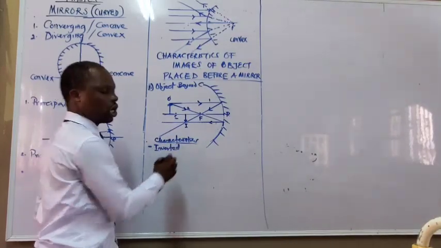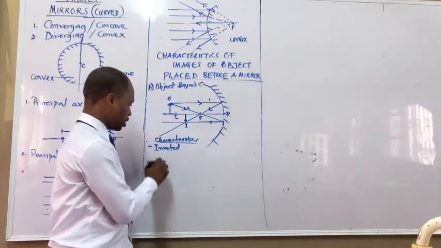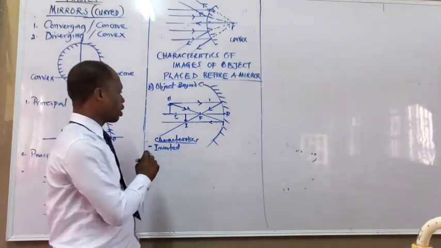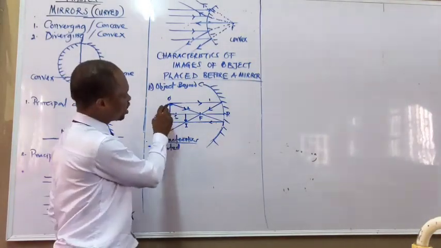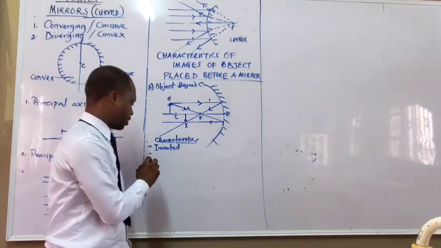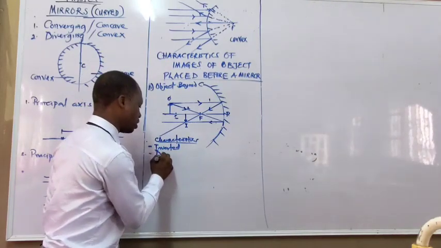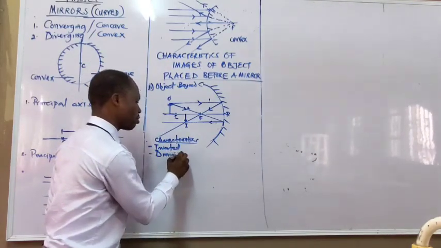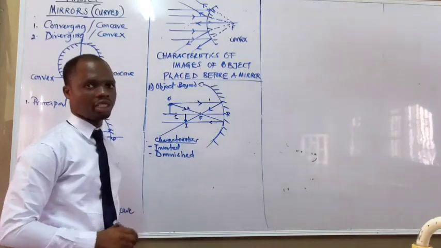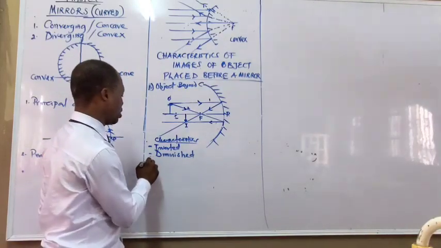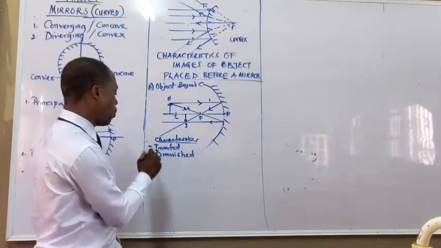That is, it is turned upside down. Number two, it is smaller than the size of the object. So we call that diminished image. Then number three, it is real.